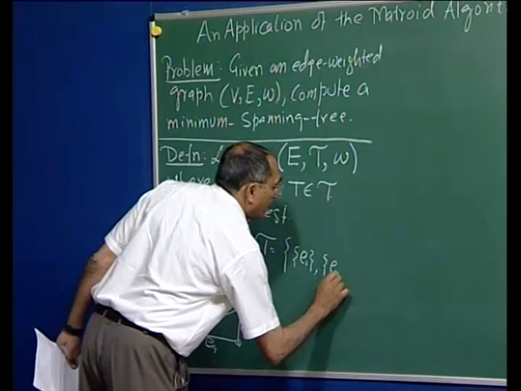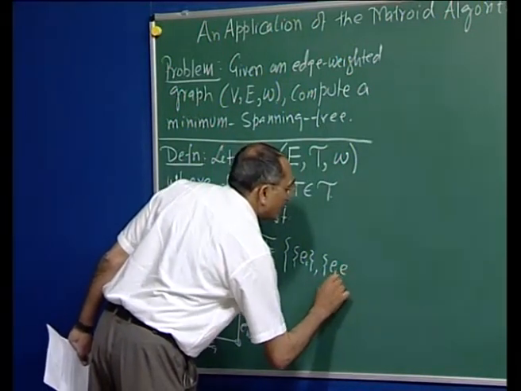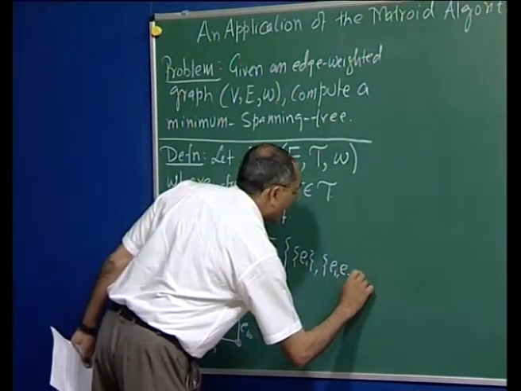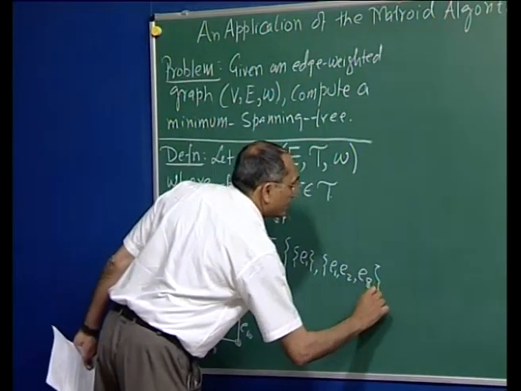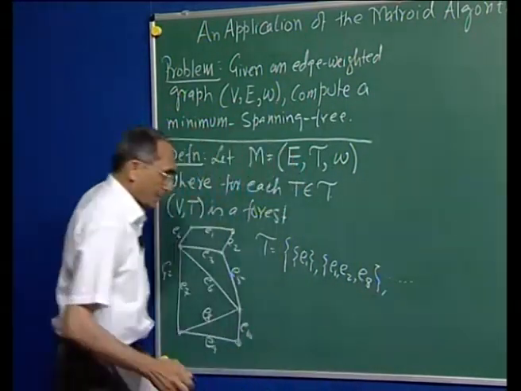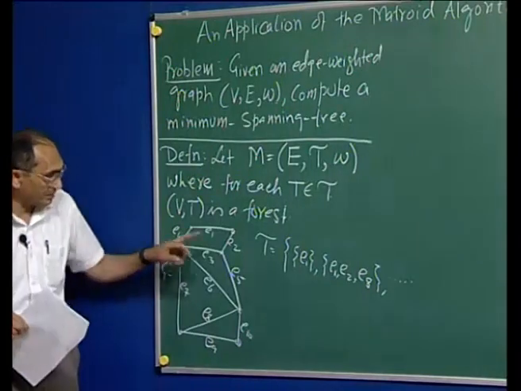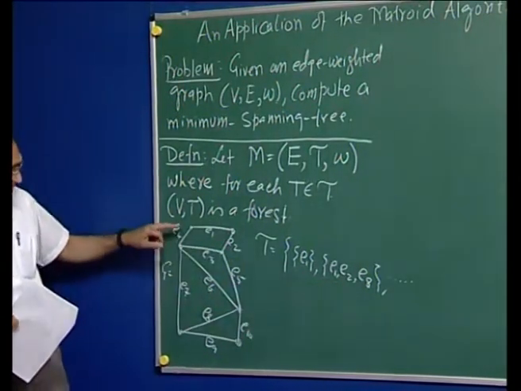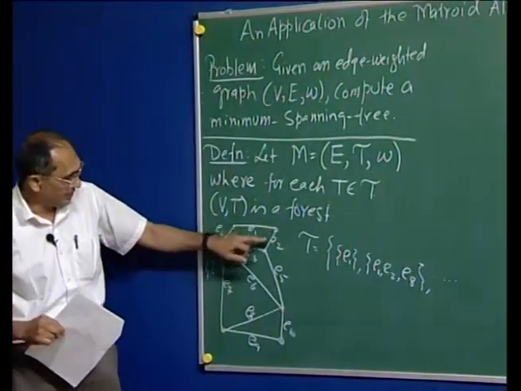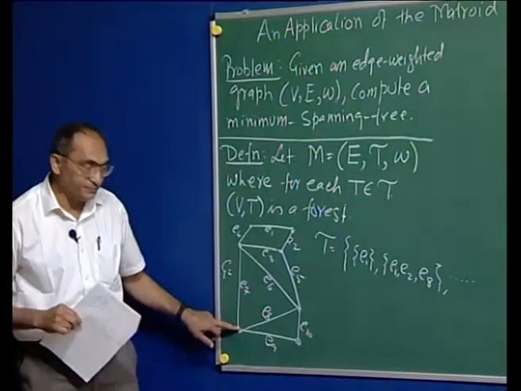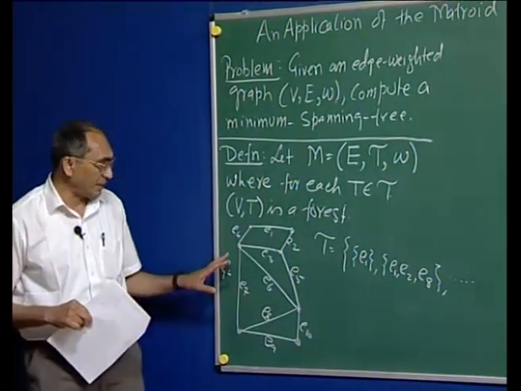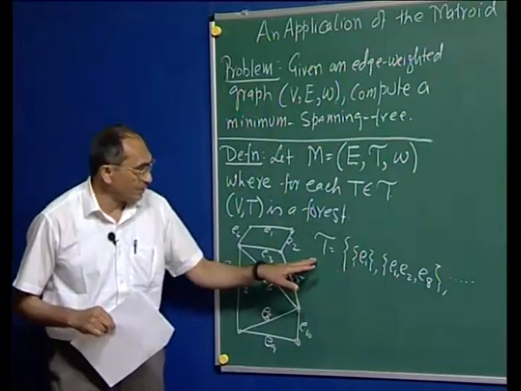Maybe E1, E2, E8. There are many members. Notice that this one defines a graph containing these edges. They do not form any cycle, hence they become a member of script T.